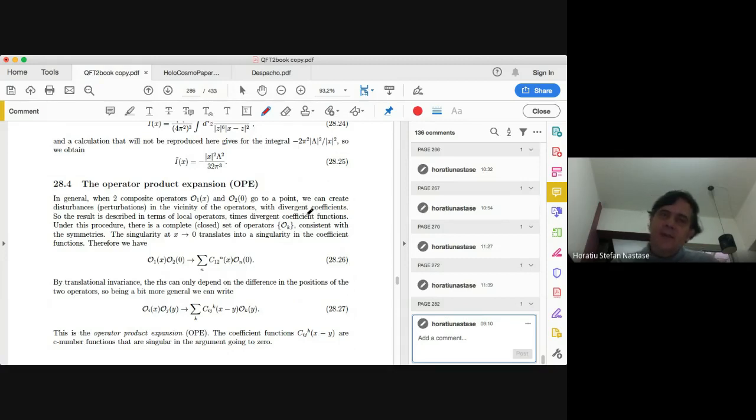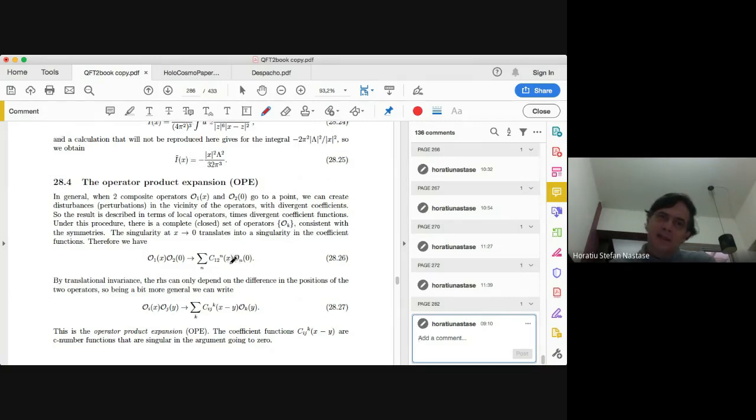So some divergent coefficients times an operator placed in the vicinity of these operators. For instance, I can say at 0, and then the coefficients will depend on x and would be divergent when x goes to 0.